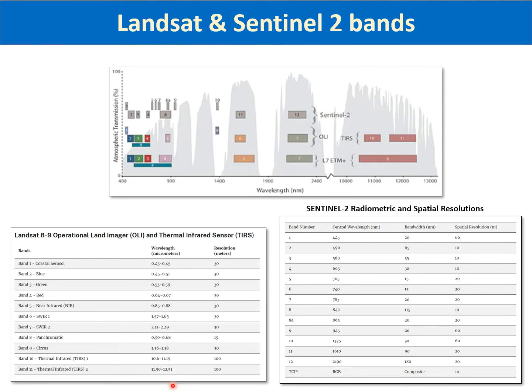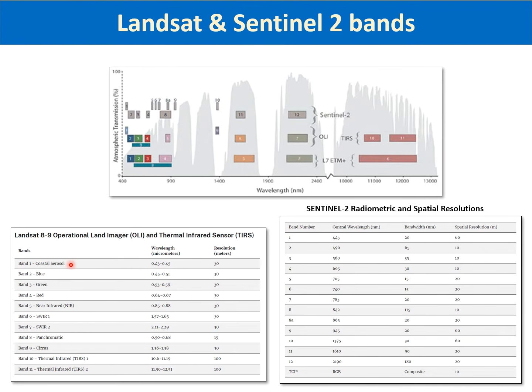Several multispectral Earth observation satellites provide multispectral data useful for land use land cover mapping. During this training program, we will focus on the optical and infrared regions of the electromagnetic spectrum. We will be using either Landsat or Sentinel-2 imagery.